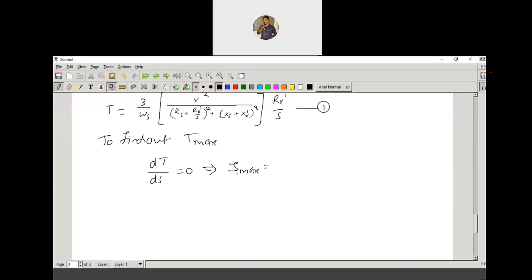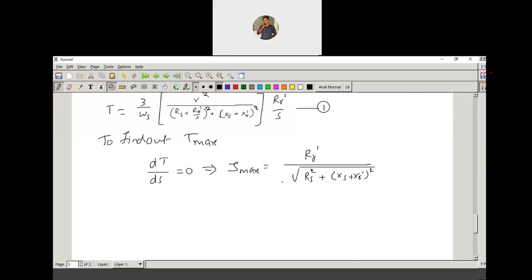The slip at maximum torque, we can get it like RR prime over the square root of RS square plus XS plus XR dash whole square. You already did it in your machines course, so I'm not going to explain again.